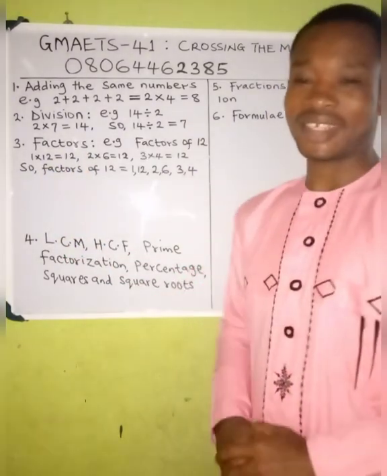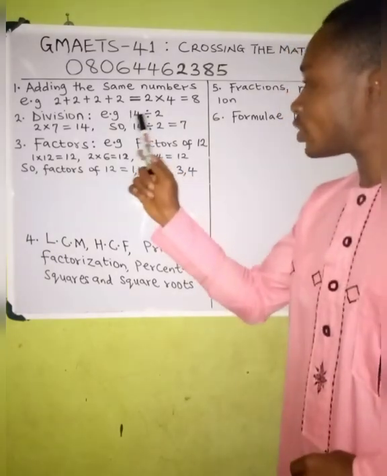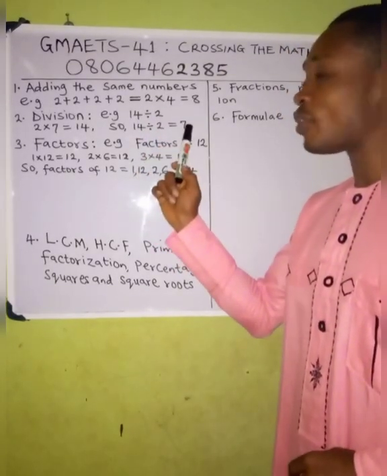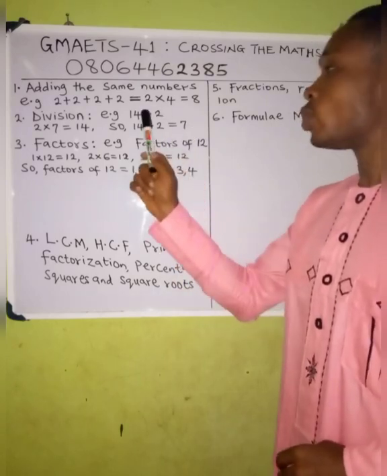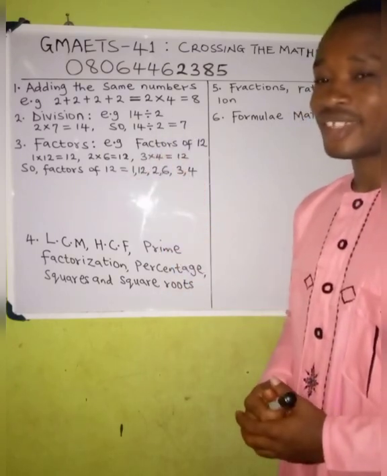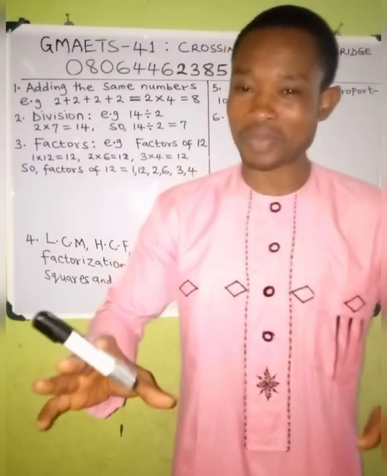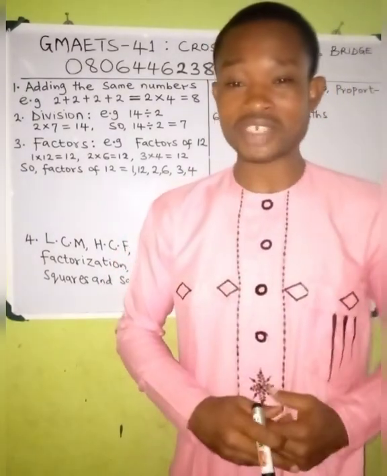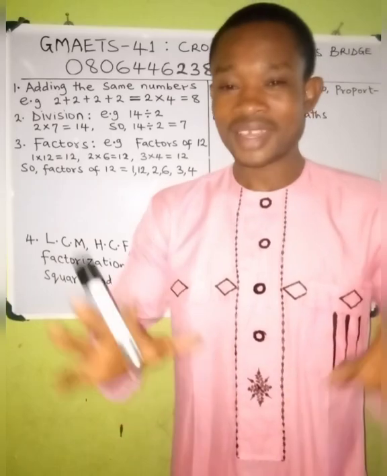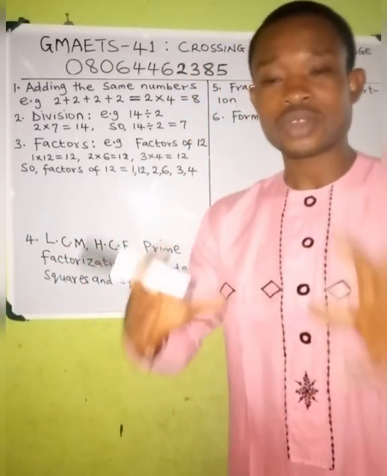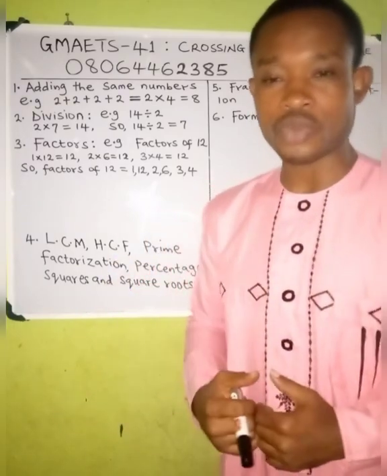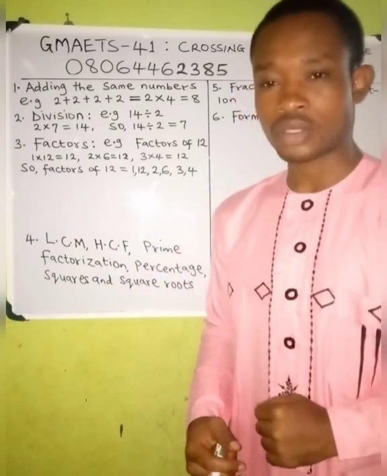So what does this mean? It means that 14 divided by 2 would give us 7, because 2 times 7 will give us that 14. Once again, do you see how multiplication helped us to solve this division problem? That is not all. We are still talking about the boats we need to cross the mathematics bridge, multiplication.